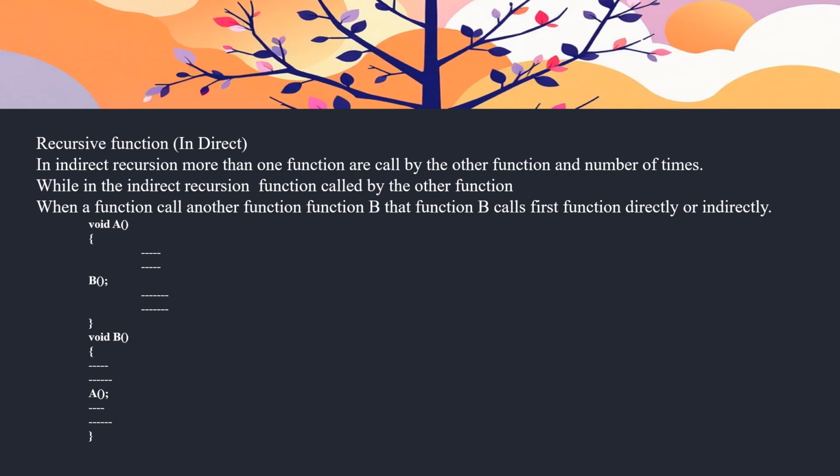It means that whenever a function calls another function, and that function B calls the first function directly or indirectly, it is called indirect recursion. As you can see here, in the body of A, method B is called. In the body of B, A is called.